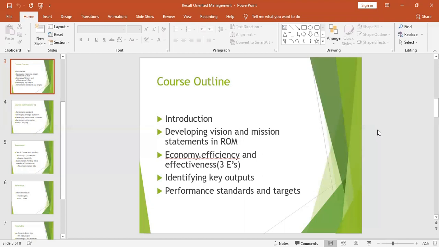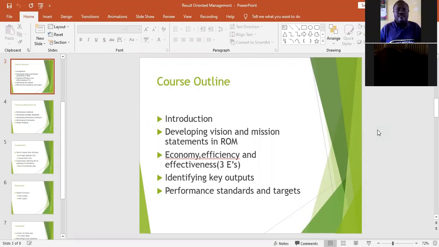I repeat, ROM is a management style or concept which emphasizes the use of resources or inputs economically. That means that as you are using resources, make sure you use them economically and concentrate attention on the use of those resources to achieve results or outputs efficiently and effectively.